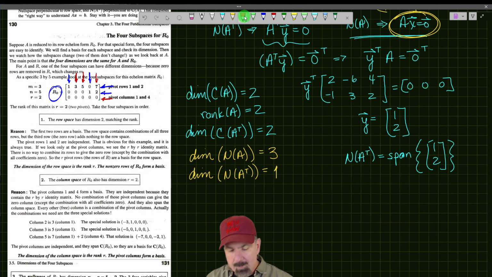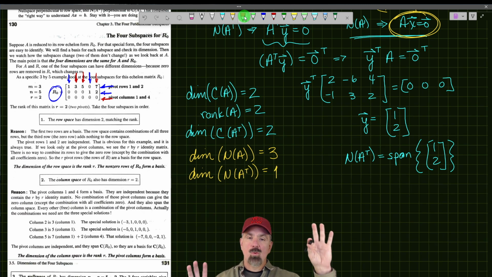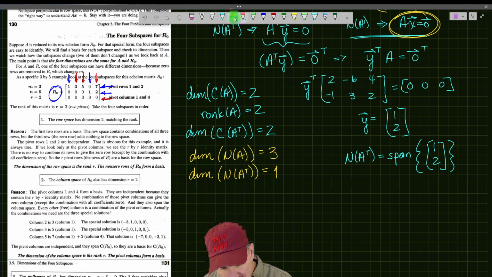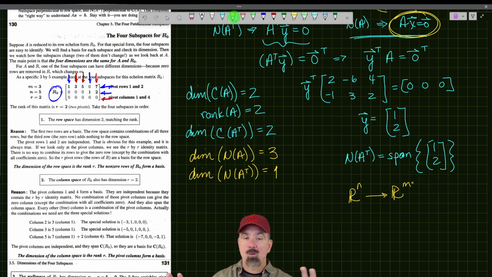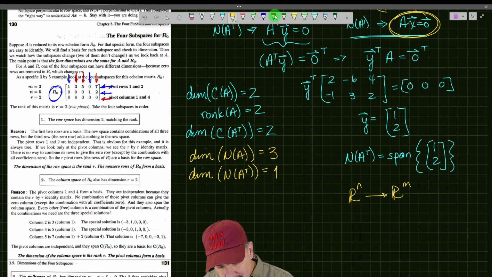Remember, the red was associated with the A matrix. Right? So we are always mapping Rn to Rm, even when I was showing you the cloud pictures. We're always mapping Rn to Rm.